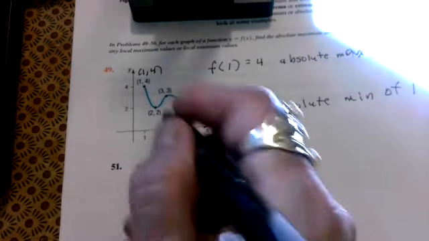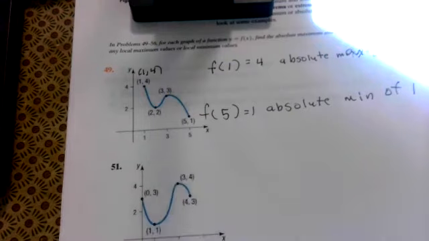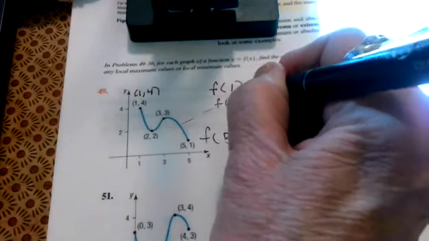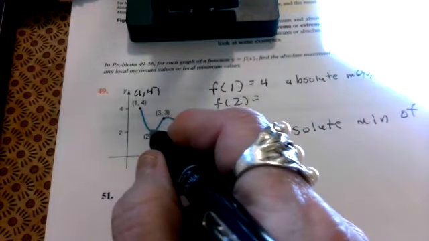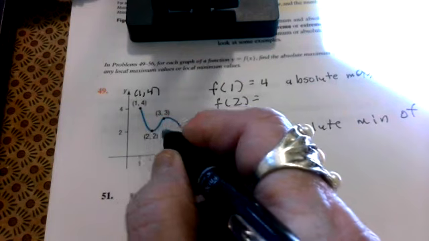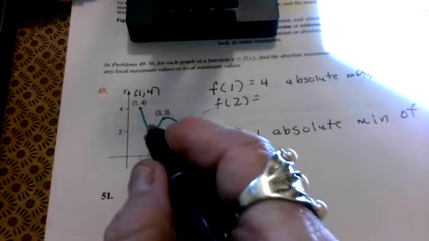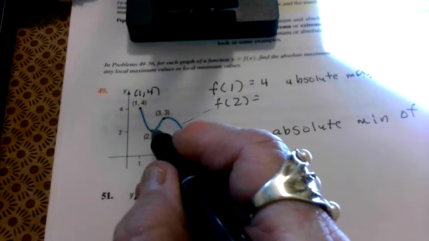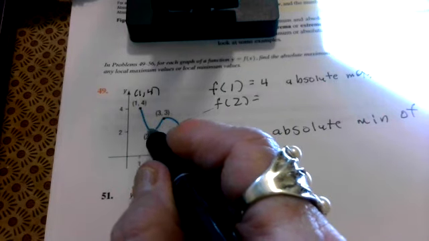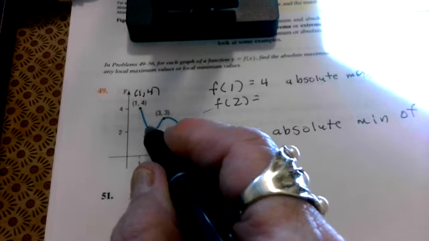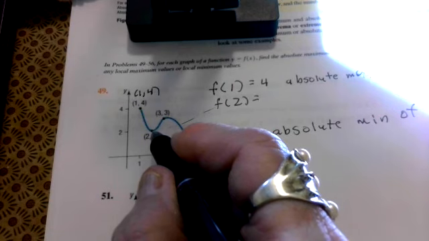Now, what about in between? What about f of 2 and f of 3? Well, if you look at f of 2, this y value is lower than the y value to the left and to the right. Because remember, for it to be a local max or min, it only has to be lower than the y values near it. And so if you just look to the left and look to the right, if the y values are higher, then it's going to be a local min.